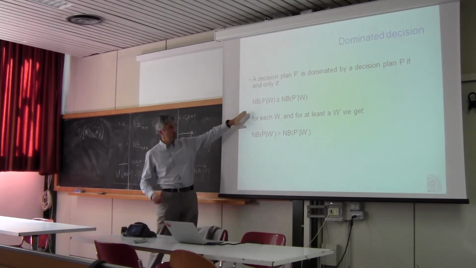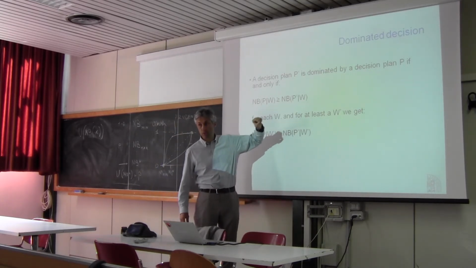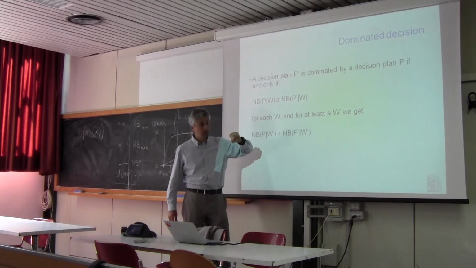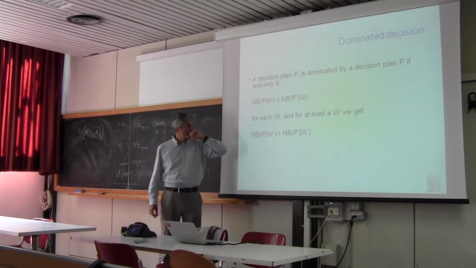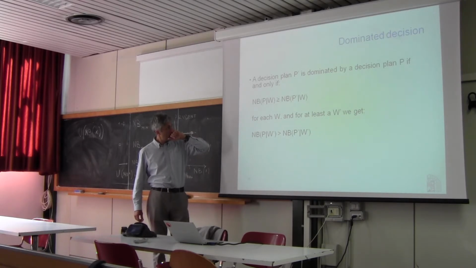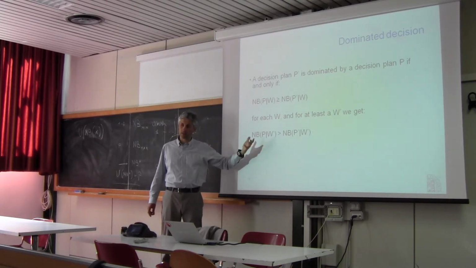So let's refer to our given decision plan, which we want to prove to be dominated, and let's refer to another decision plan P. Okay, so, and this P is general. You can take any other.